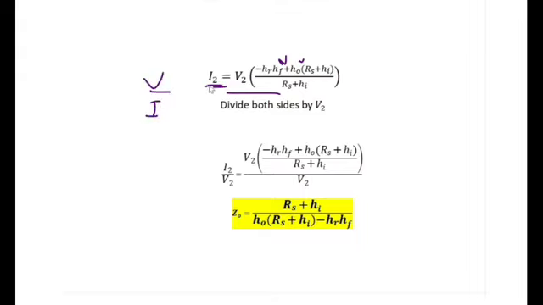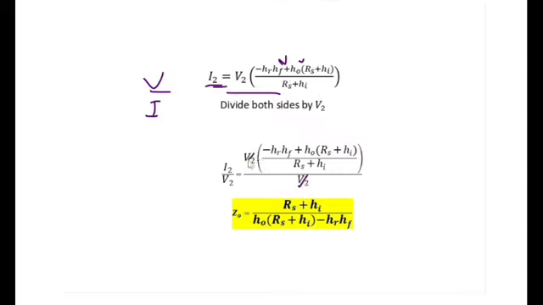Here there is I2, that is I, so to make impedance independent we divide I2 by V2 on both sides. So we get I2 by V2 is equal to V2 into the total equation, divided by V2 again.